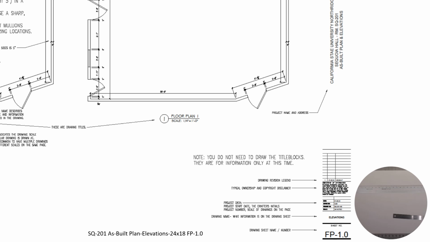And this is consistent, again, regardless of discipline. FP stands for floor plan, and the 1.0 says this is the first sheet in a series of FP floor plan sheets.